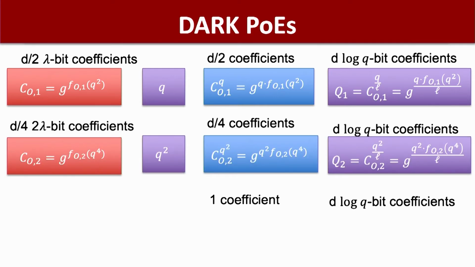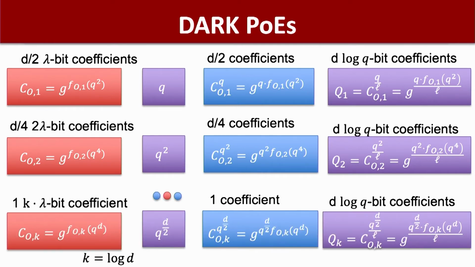In every round, q gets larger and larger and the coefficients of the polynomial get smaller and smaller, but the expensive part is always computing the PoE. And again, why is this expensive?